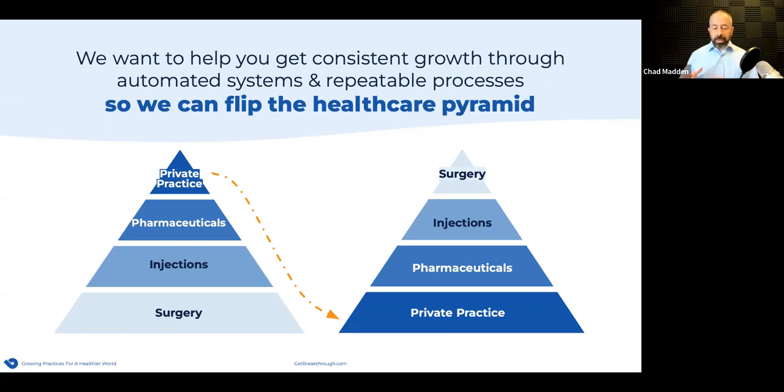Roughly, the US GDP is right around $20 trillion, a little over 20 trillion, that's trillion with a T. And if we look at healthcare expenditure, what percentage of the $20 trillion do you think goes to healthcare? I'll ask you some other questions here in the chat in a second, but it's nearly $4 trillion. So almost $1 in $5 spent in the US goes towards healthcare.